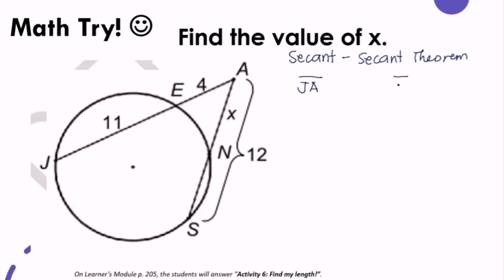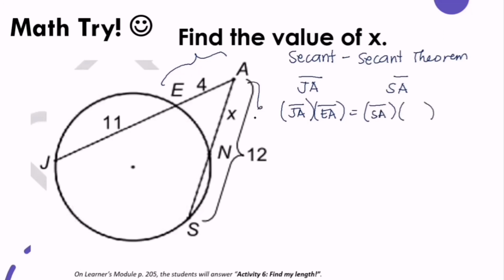That is secant segment SA. Okay, next. Ano ulit ang gagawin? Isang buo. So, magiging segment JA. Sino yung nasa labas? Okay, so that is segment EA. Ganon ulit ang gagawin sa kabila, si segment SA. Tapos, yung nasa labas, si segment AN.